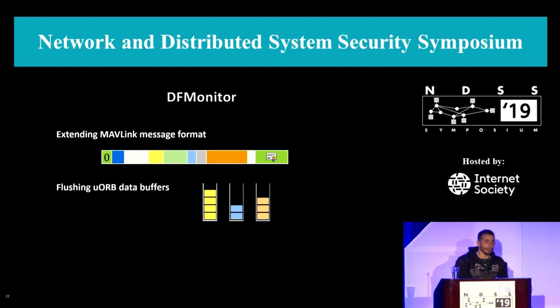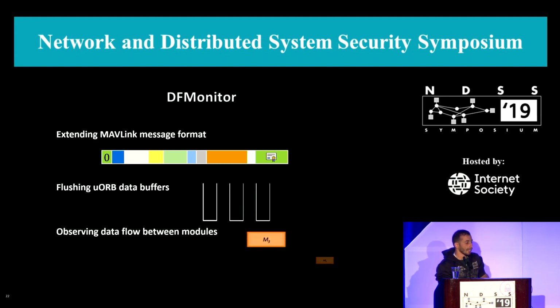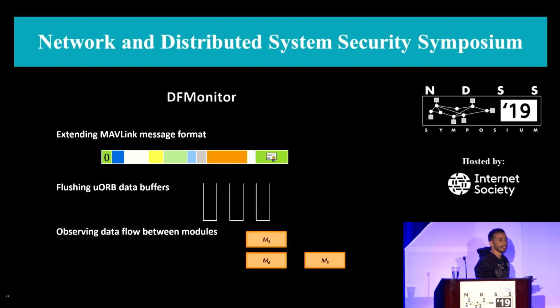Since the uORB is asynchronous, the data might be generated before the request for data, so the buffers should be flushed so that you ensure that you attest all the generated data. And finally, the registering or generation of data is recorded by the DF monitor so that we can identify the critical modules.